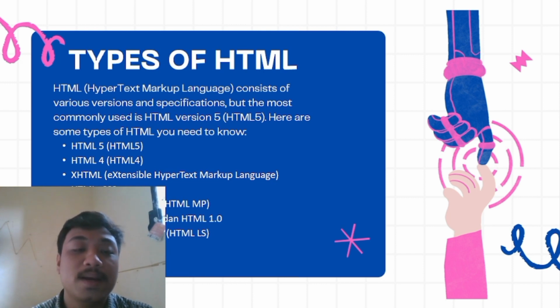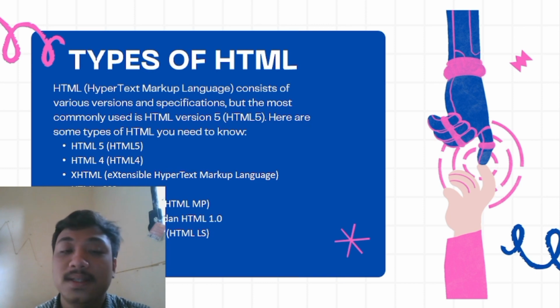Types of HTML. HTML, or Hypertext Markup Language, consists of various versions and specifications, but the most commonly used is HTML version 5, HTML5. Here are some types of HTML you need to know.